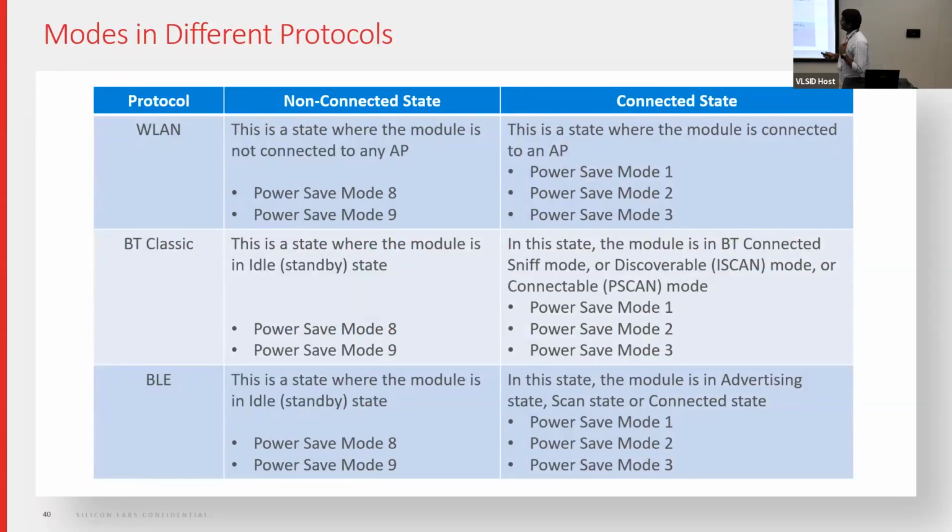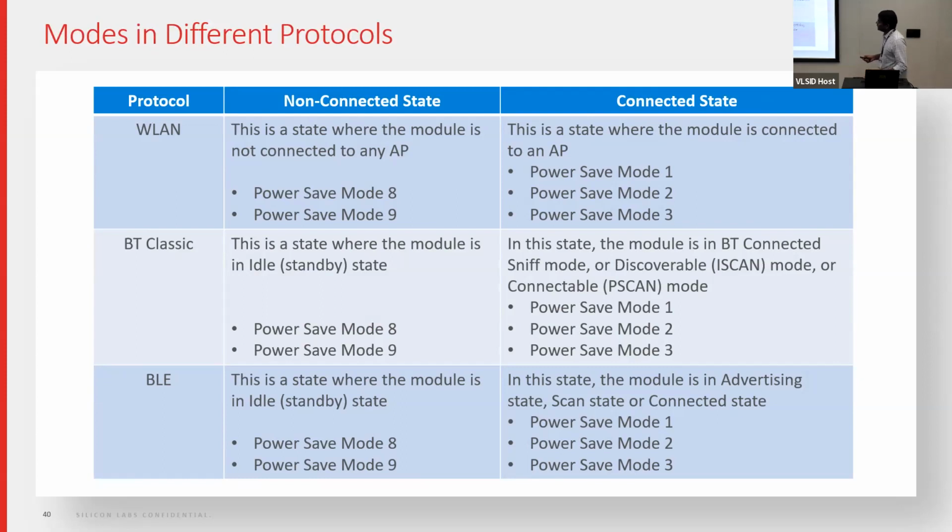For Wi-Fi, when the module is connected to an access point, we will use power save mode 1, 2, 3, and we will use 8 and 9 when the module is not connected to an access point.